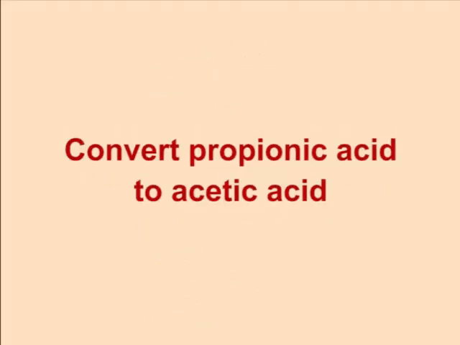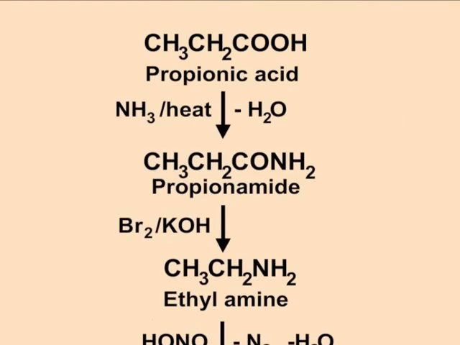The next conversion is: convert propionic acid to acetic acid. The answer is, propionic acid on heating with ammonia loses one molecule of water to form propionamide, which reacts with bromine and potassium hydroxide to form ethylamine.